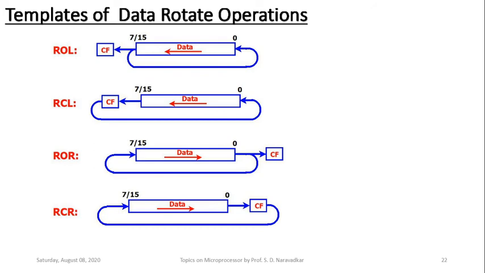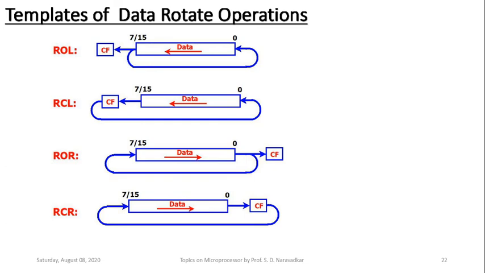Then the next is RCR, that is rotate right through carry. This particular template is similar to the second template shown above. The only thing is that here the direction of rotation is opposite, rotate right. So the contents of the 8-bit or 16-bit register will be rotated towards right as shown in the last template.